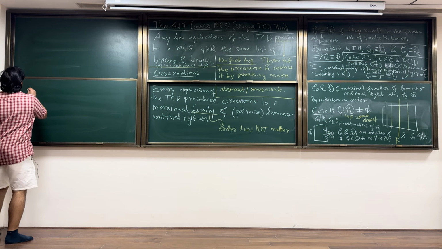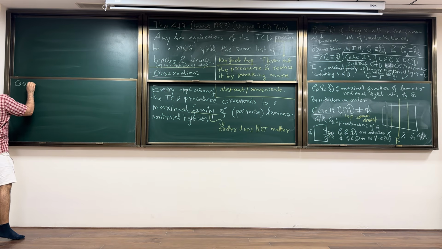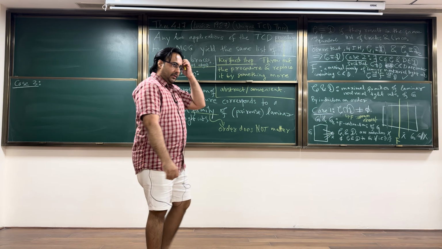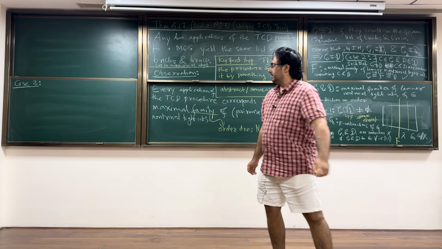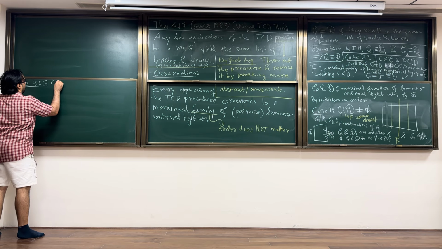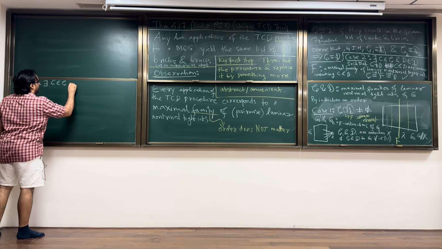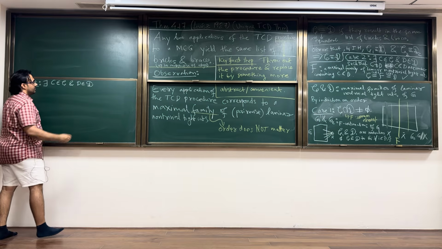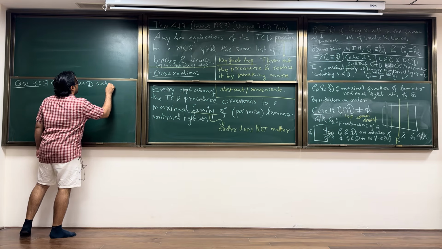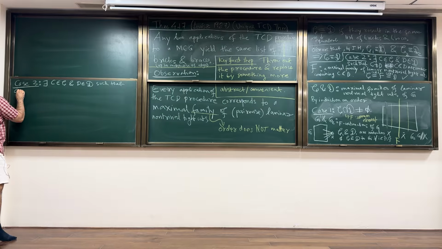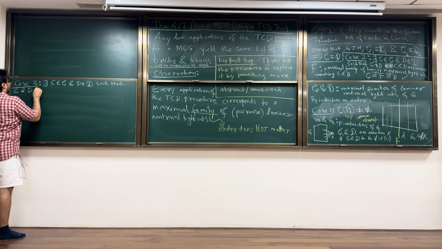I'll move that part here, and you will see why I deliberately kept this empty. So let's suppose we pick a cut from script C, one from script D, and they happen to be crossing. So there exists C in script C and D in script D such that C and D cross.